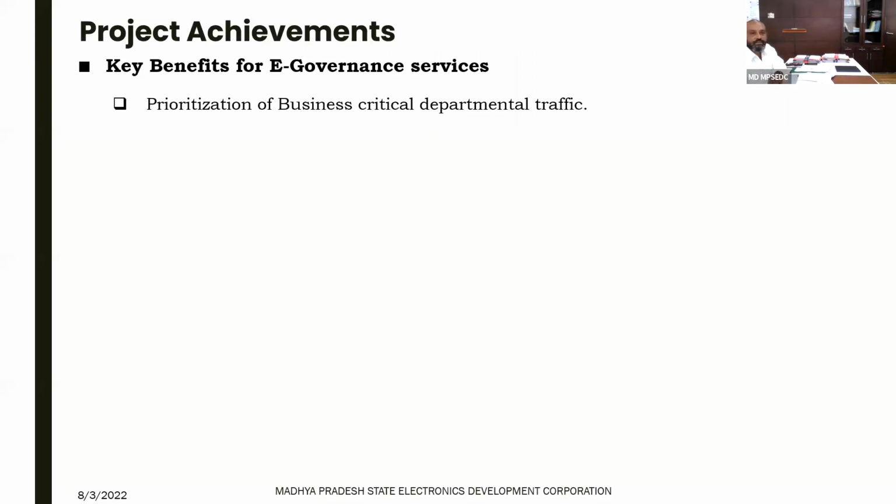So these are the key benefits we have achieved in terms of e-governance services. Before we started planning the SD-WAN deployment, we thought of the prioritization of business-critical and departmental traffic, like the premium clients, the clients associated with the CII parameters, related to national health, economy, and safety.